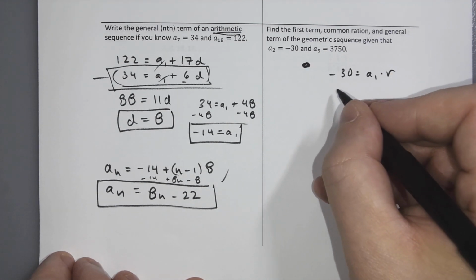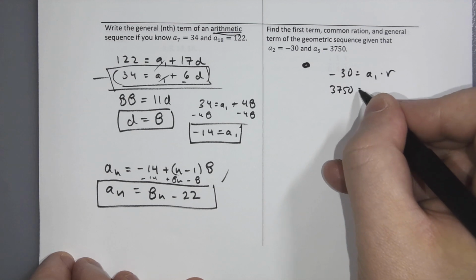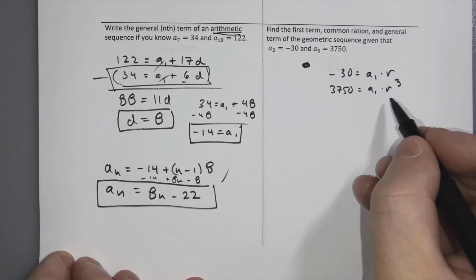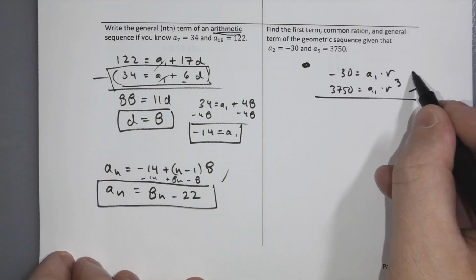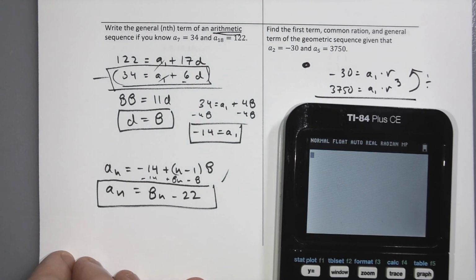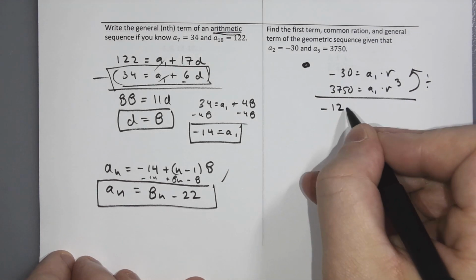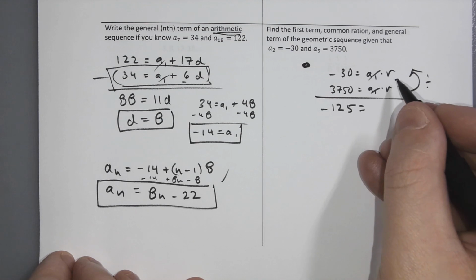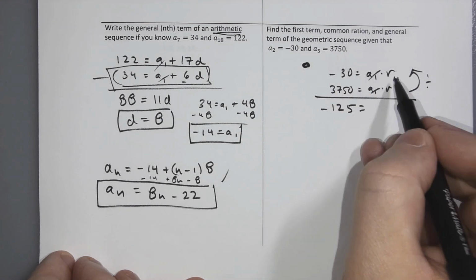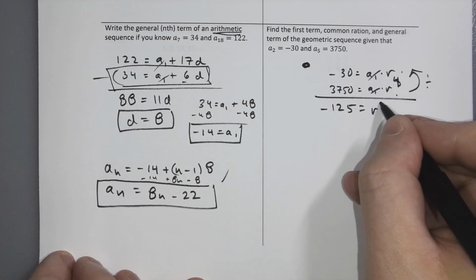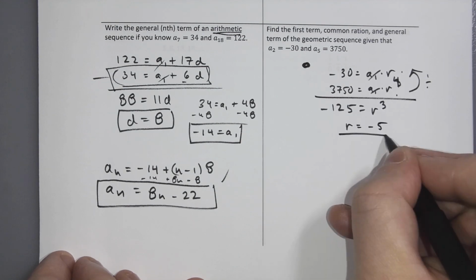And the fifth term is the first term times r to the fourth. So if I were to divide the second equation by the first equation, we'd get 3750 divided by negative 30, which is negative 125, equals r to the fourth divided by r. That was a misprint earlier: the fifth term has a times r to the fourth, and the second has r to the first. R to the fourth divided by r is r cubed, so r equals negative 5.